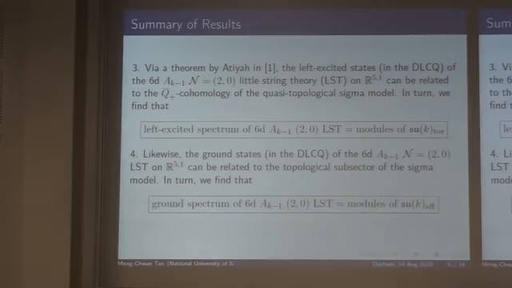Okay? And then the de Rham cohomology on the space of instantons, that's from this side. Okay? And then likewise, in the topological sector, where it's the ground state, then we would have modules of the affine algebra instead. And then we have the ground spectrum of this guy given by these modules of the affine algebra.